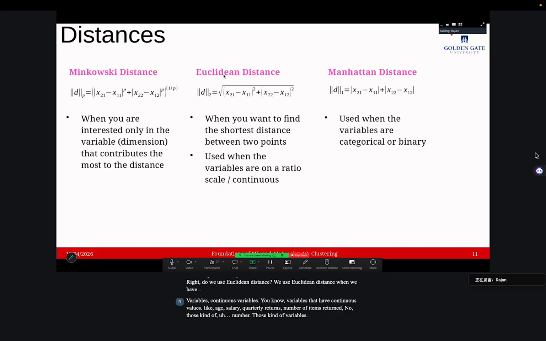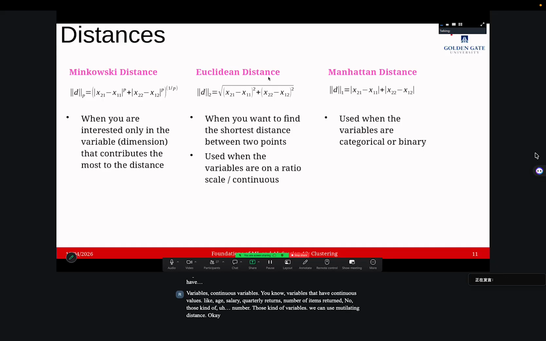We can use Euclidean distance. Manhattan distance for categorical variables. Minkowski distance is when you want to exaggerate the dimensions that have the largest difference in their values between 2 points. So that's when you will use Minkowski distance.